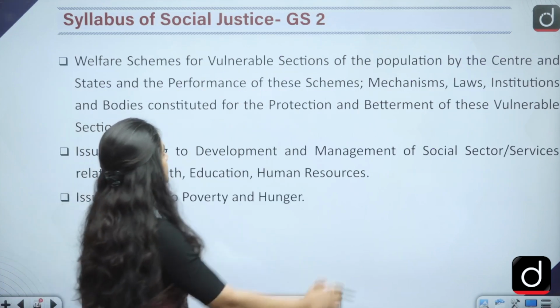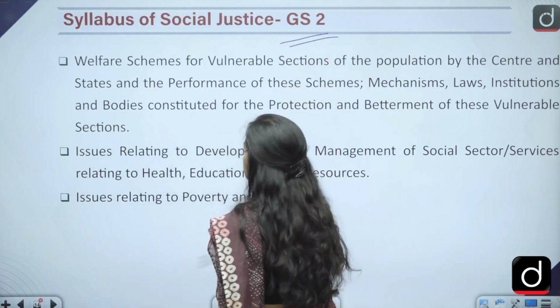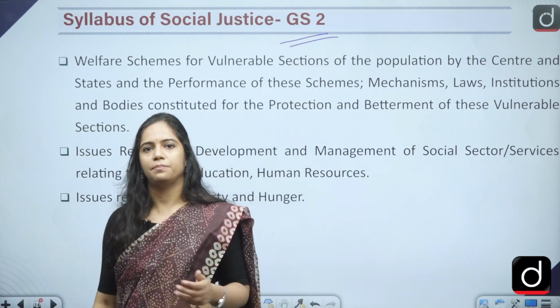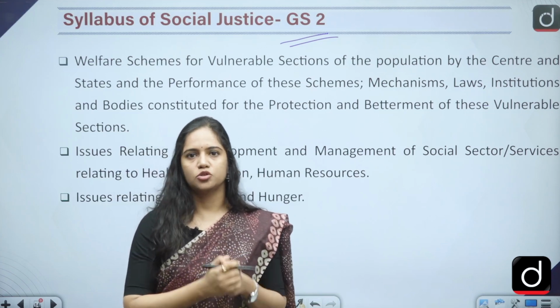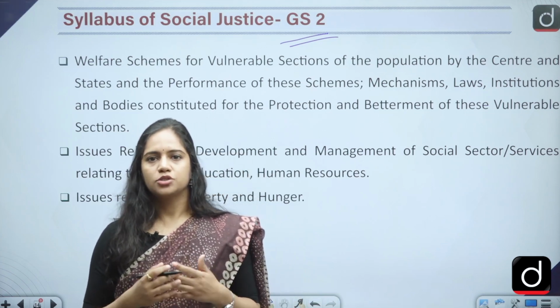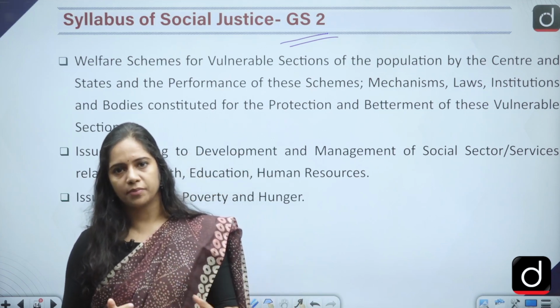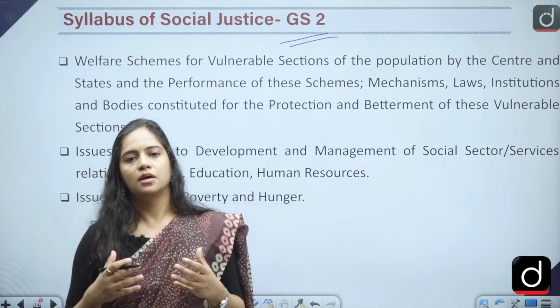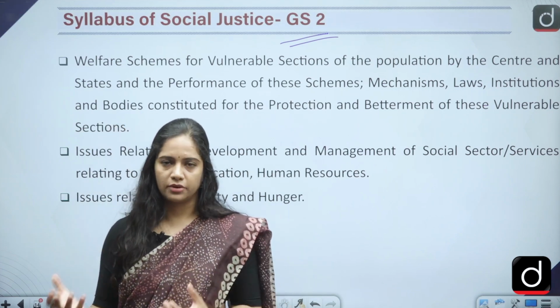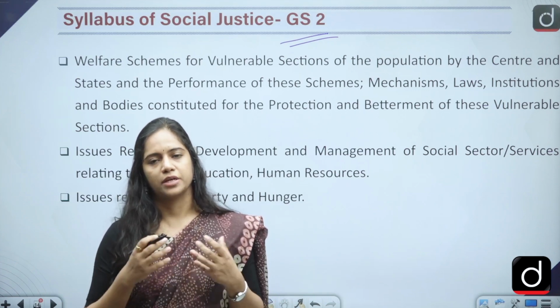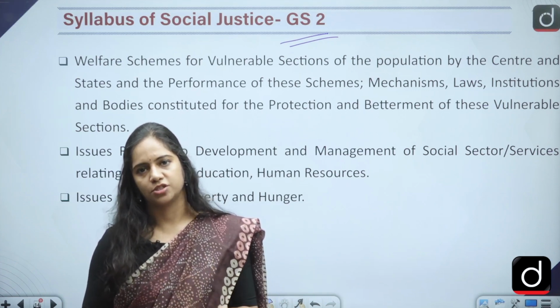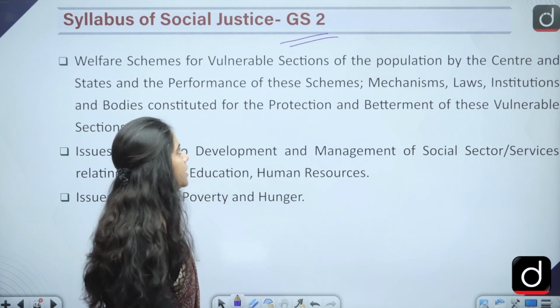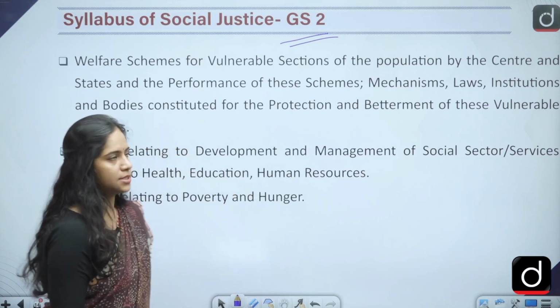And for social justice, again, as I have told you, your polity part, your GS paper 2, caters to polity and governance. And here you would see the state actions, the government actions, which are helping the marginalized section. The developmental issues are being taken care of. There are welfare policies, there are acts, judgments. All these things would fall under paper 2, social justice.